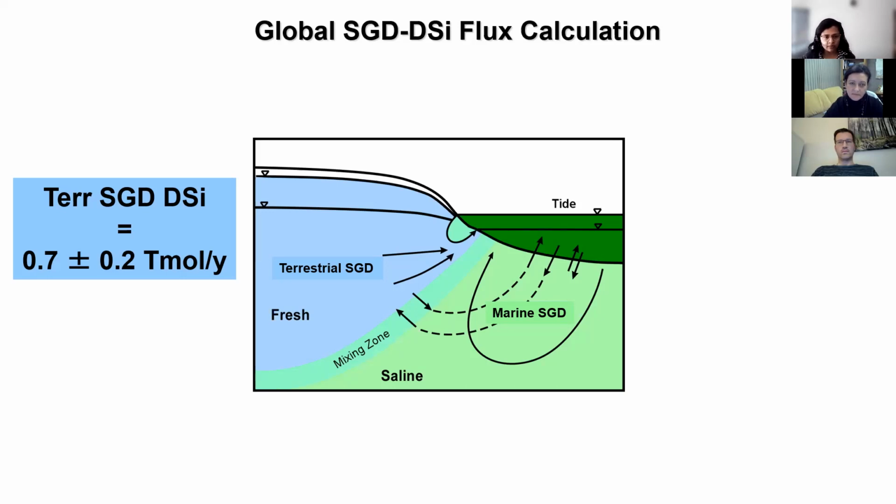If you have a project where you think you've got a lot of data from these endmember lithologies and you expect mineral dissolution to contribute to SGD, you can start putting in your endmember concentrations in that model, and it'll calculate something for you if you just put it in that table at the top. So it's there for your use if you would like to get a first order approximation of your SGD flux and then see if it's worth pursuing.